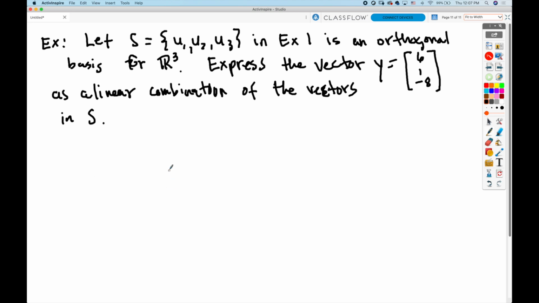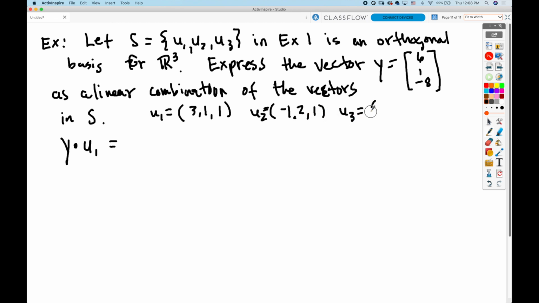So a few things that we need to compute. We need to compute the dot product of y and u1. Recall our vectors from example 1. u1 was 3, 1, 1. u2 was negative 1, 2, 1. And u3 was negative 1 half, negative 2, 7 halves.